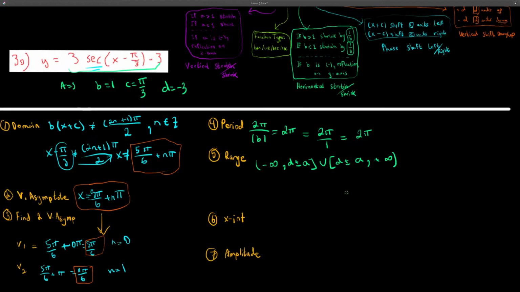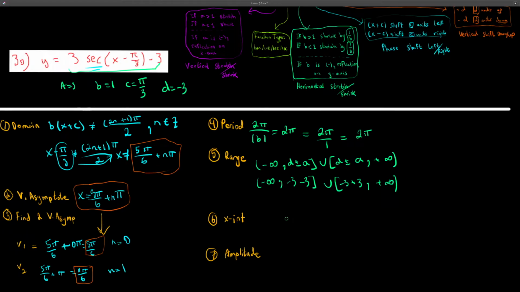Now we can just substitute d, so we have d value is -3. So usually we do the smaller value first, so we'll do -3 and then -3, then union, then you'll do +3 here, then -3, then +3, and then gives us plus infinity.